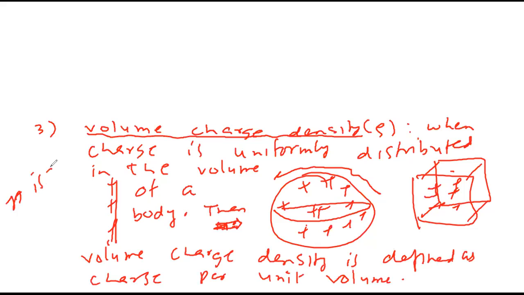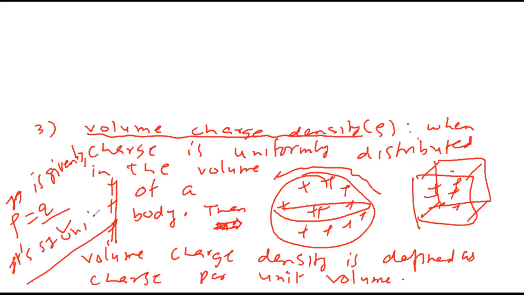It is given by rho equals charge upon volume V. Its SI unit is coulomb per meter cube. Now write this much.